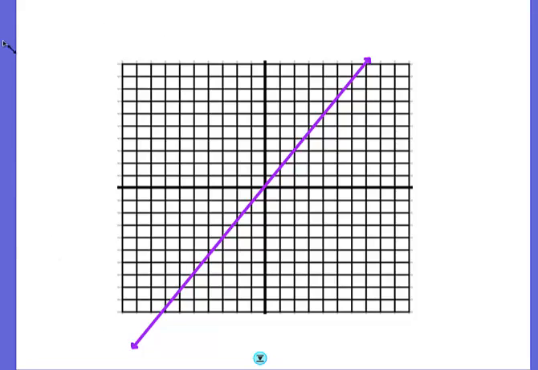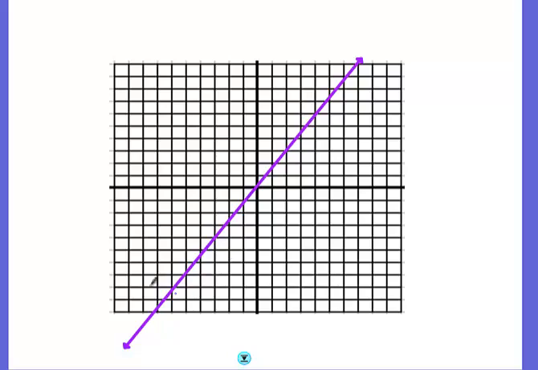No matter what 2 points we pick, whether it's a point all the way down here and a point all the way up here, or a point here and a point here, your slope is always going to be the same. So just to make it easier, I'm going to start at the origin again, since our line goes through the origin, and I'm going to pick this point right here.